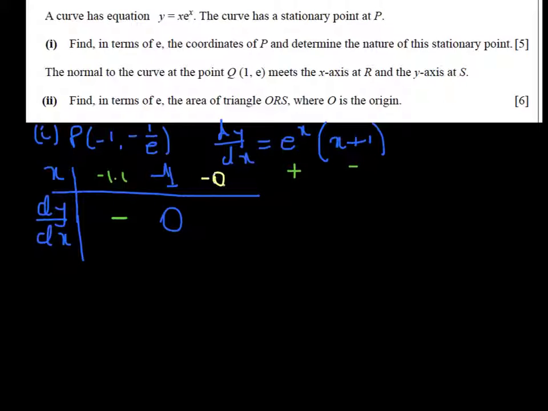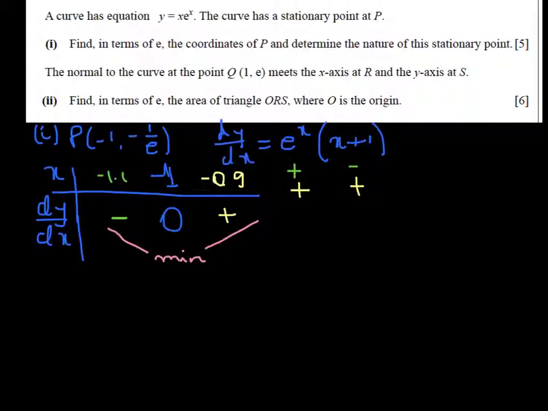If we take a point after minus 1, like minus 0.9, e to the power of x is again positive. x plus 1 will be positive, so this is positive. Therefore, the slope of the tangent is negative before minus 1 and positive after, so this is a point of minimum, and this is your working in the exam.